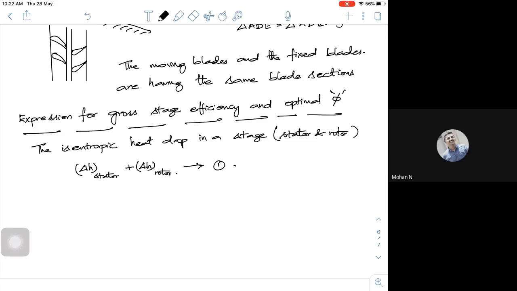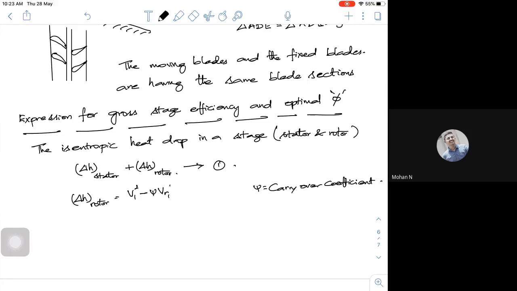The enthalpy drop for the rotor is given by V1 square minus psi, what is called your carryover coefficient, so psi is my carryover coefficient, equal to psi into VR1 square.